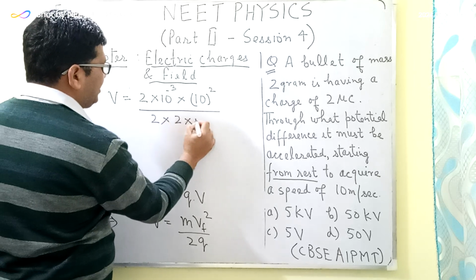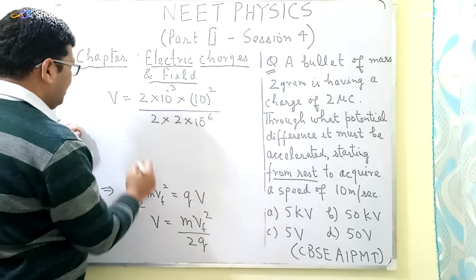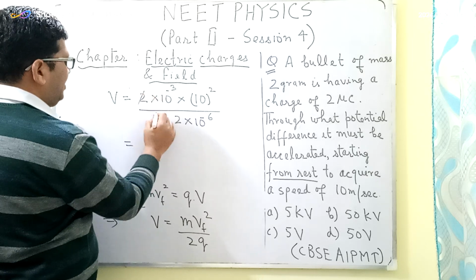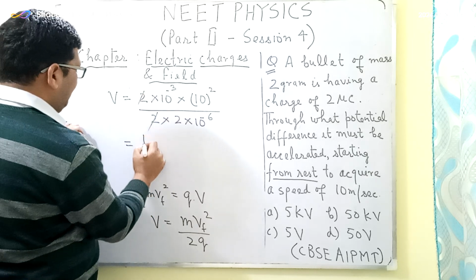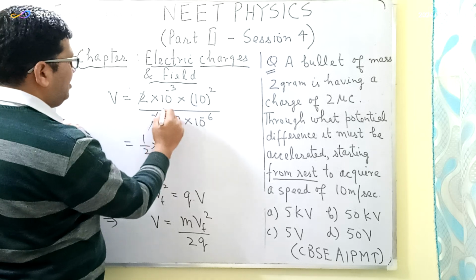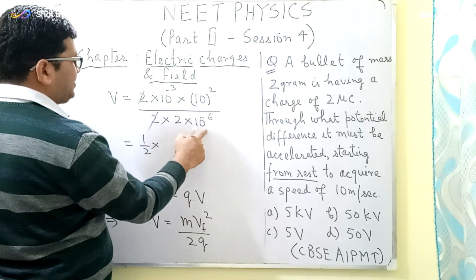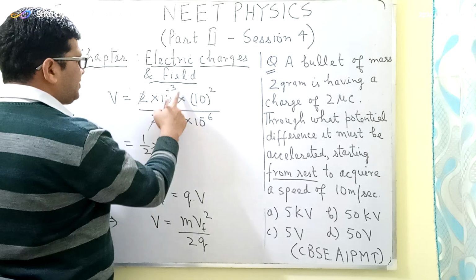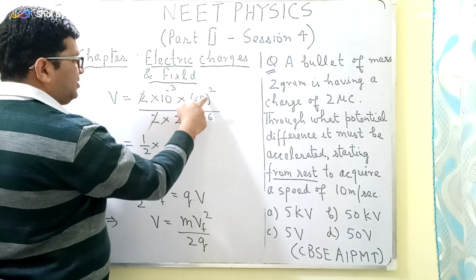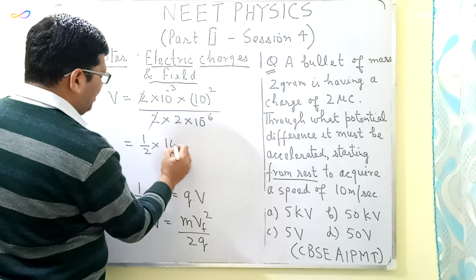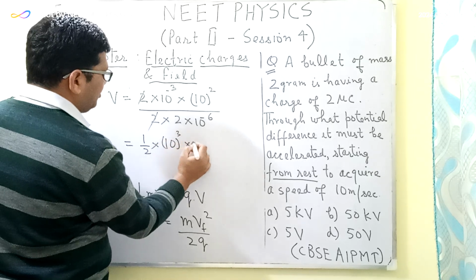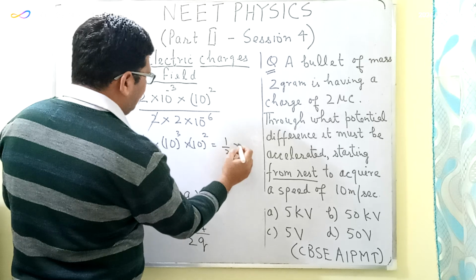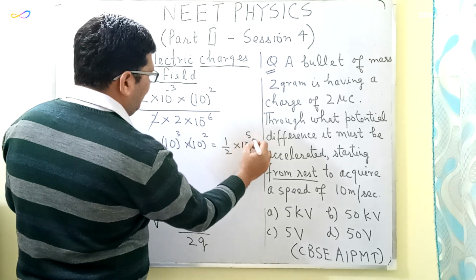This is 2 into 10 to the power minus 6. From here this 2 and 2 will get cancelled out, and I will get 1 by 2 into, the minus 6 will go in the numerator and it will become 10 to the power 6. 6 minus 3 will become 3, so this will be equal to 10 to the power 3 into 10 to the power 2, and this is equal to 1 by 2 into 10 to the power 5 volts.